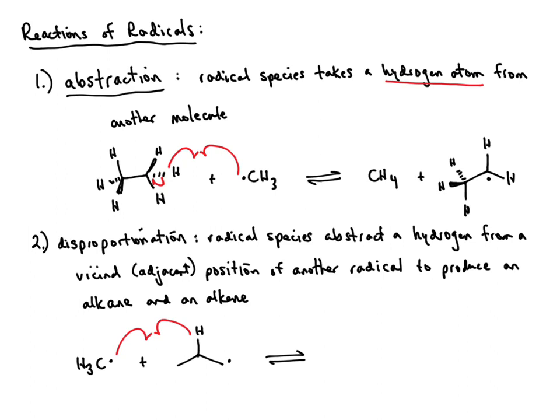The other electron is going to move in to form a double bond with the other radical. And so the net result is that we get CH4, methane again, plus an alkene, propylene. And so this is a disproportionation reaction.